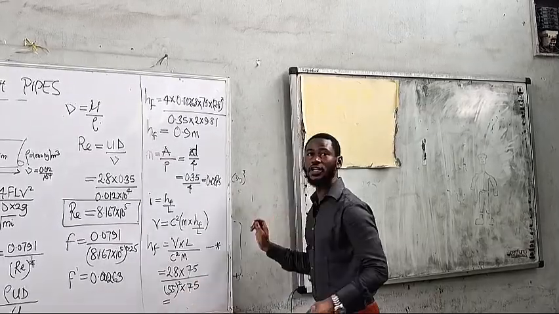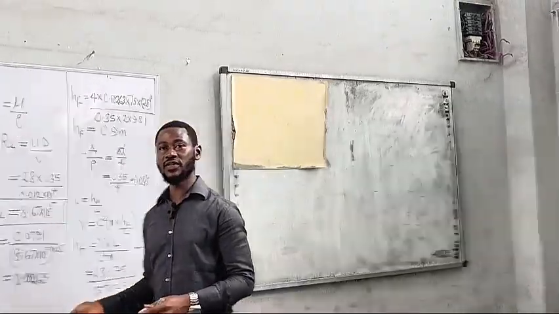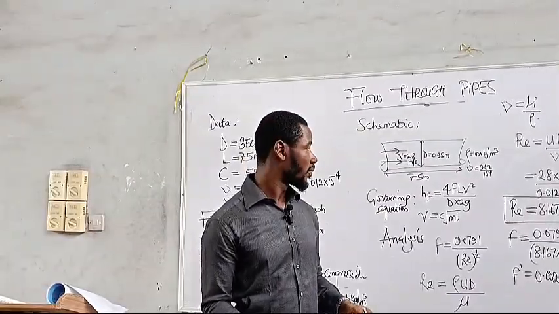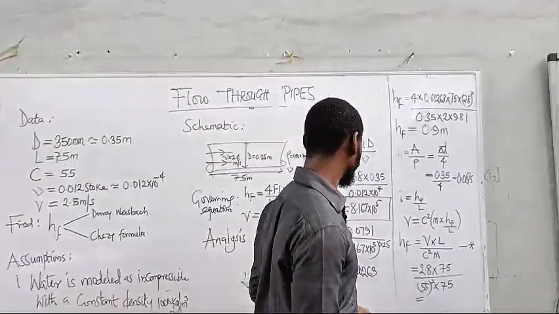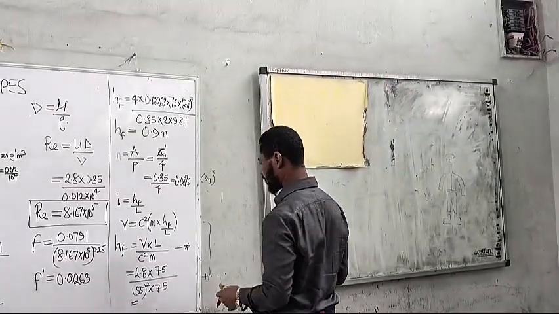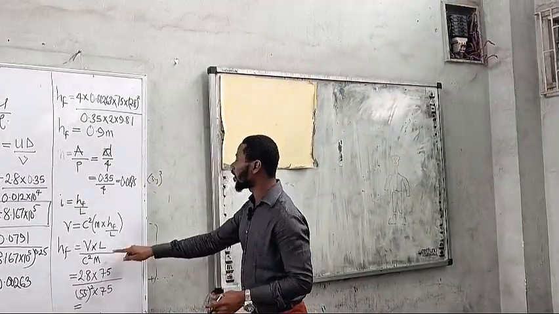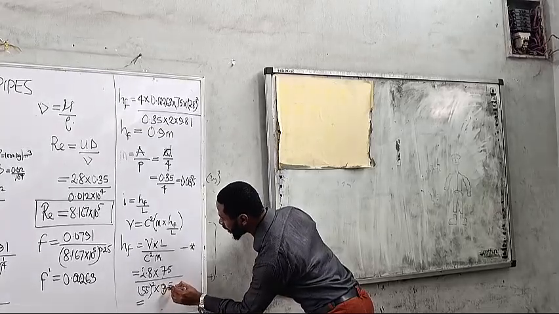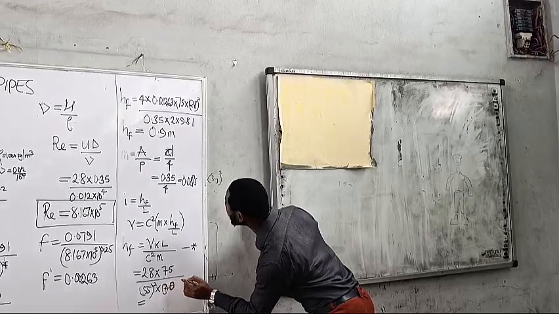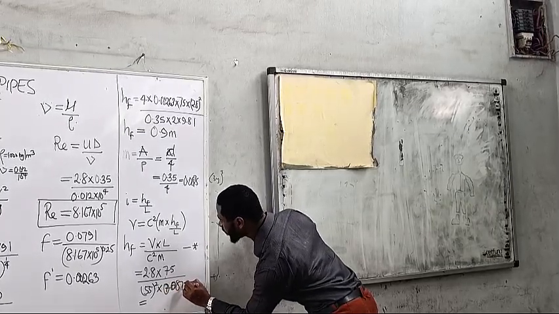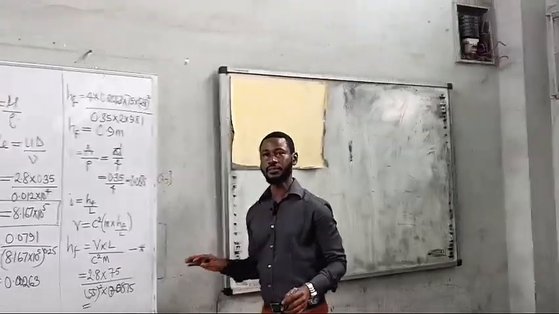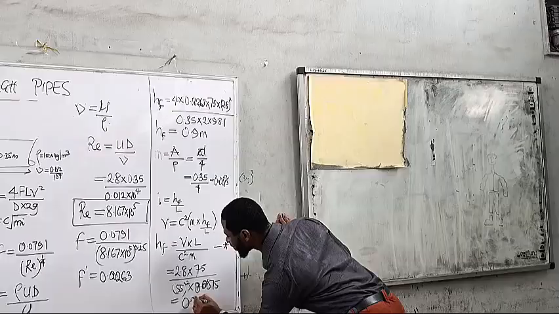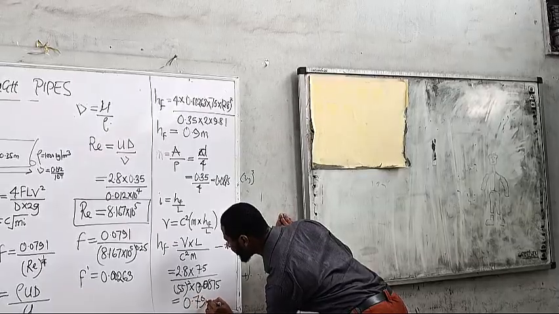When you punch your calculator, what is the final result? 0.79 meter.